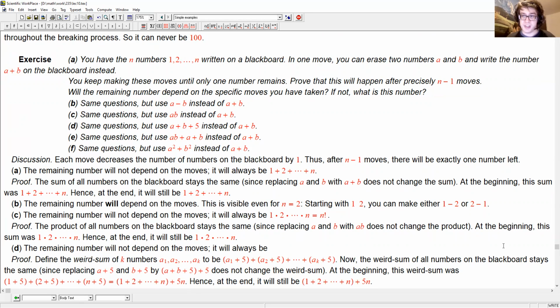Okay, so now we know what the sum will be at the end, except, do you see what's going wrong here? Minus 5. The thing is, this is going to be the weird sum of the one number that's left at the end. But the weird sum of a single number is a single number plus 5. So if you want to know the number, you have to subtract 5 from the weird sum. And that's going to be the answer.